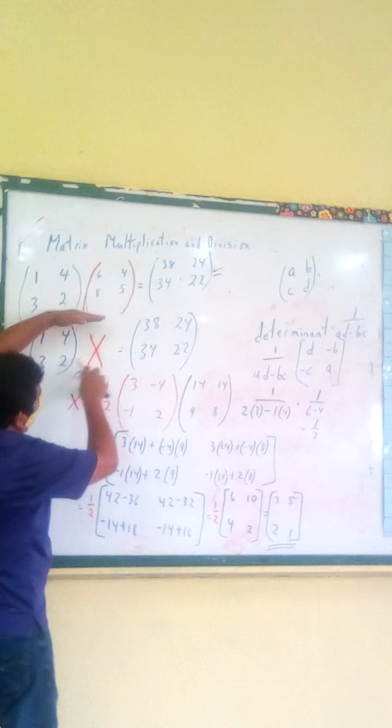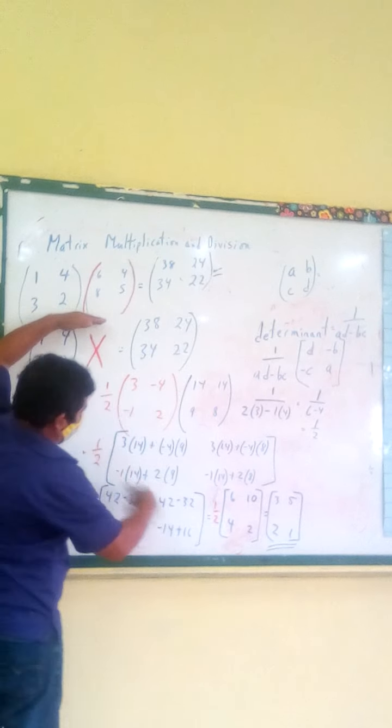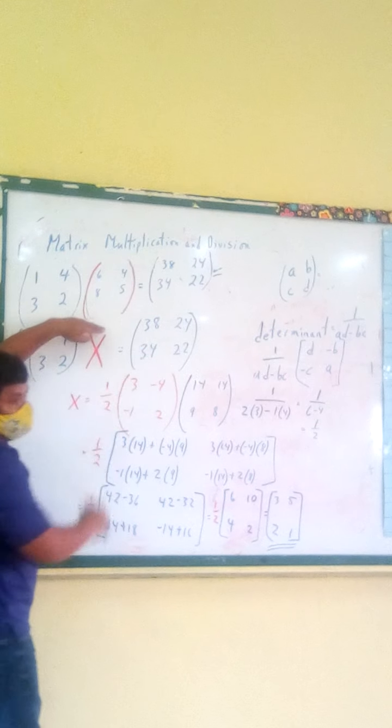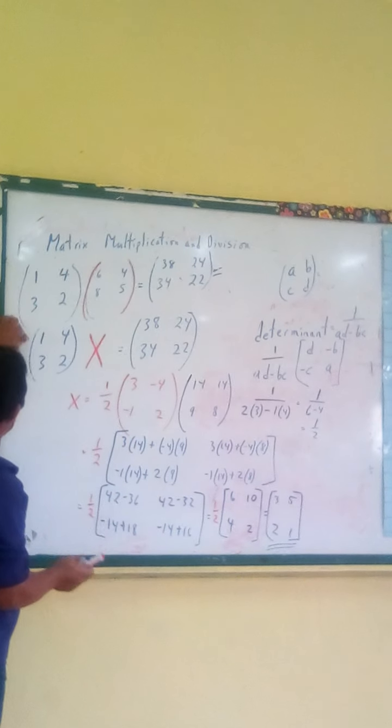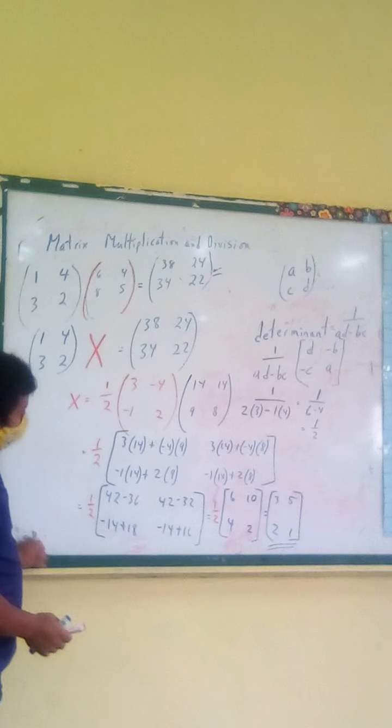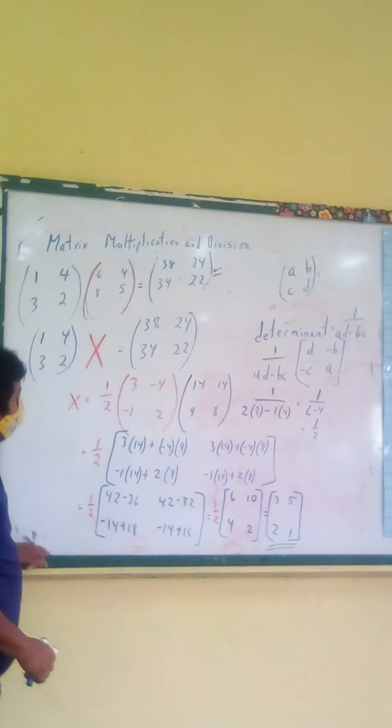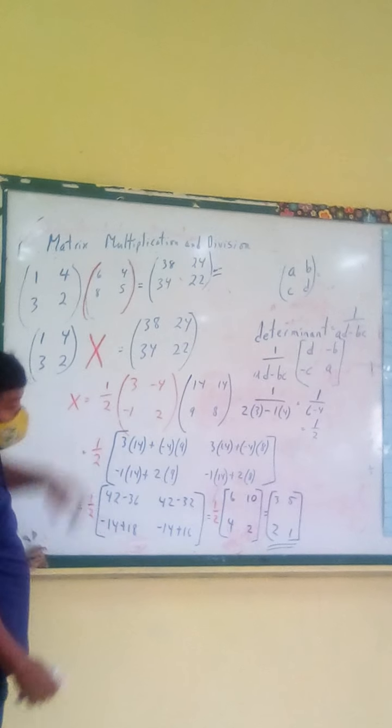So let's multiply this out, work with this same method, and get back this matrix. Remember, this is the multiplication result of the matrices. This is the inverse of a matrix.